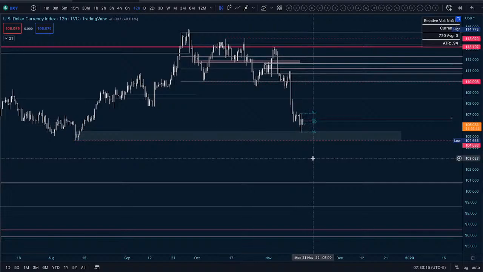It can go lower, but it certainly is a spot where a reversal, or at least a pullback, is to be expected. So for example, first target here, second target there, maybe even a third target there, but it's too soon to tell. We'll see how the price reacts when it comes to these areas.